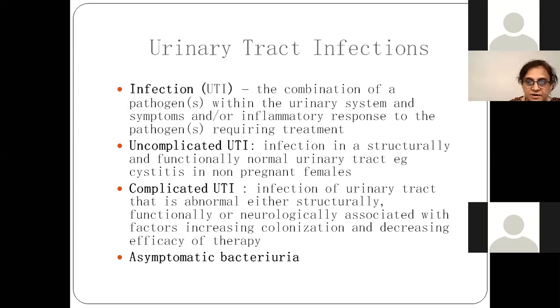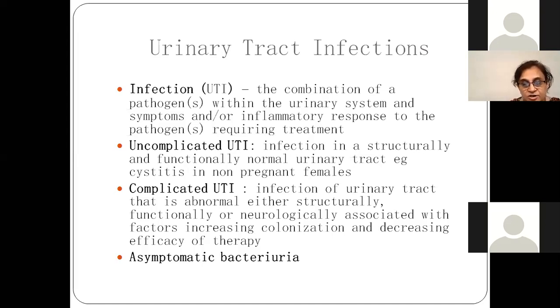In complicated UTI, the infection occurs in a urinary tract that is structurally, functionally, or neurologically abnormal. How can it be structurally abnormal? There can be narrowing of the ureter. Functionally, there can be vesico-urethral reflux, which causes the urine to move backward.